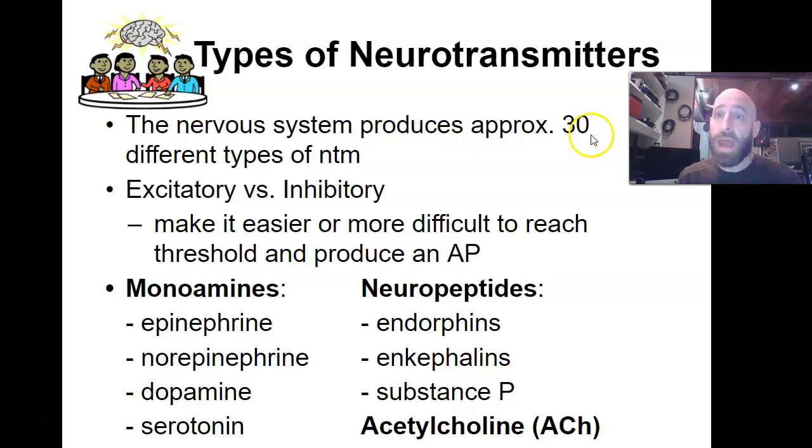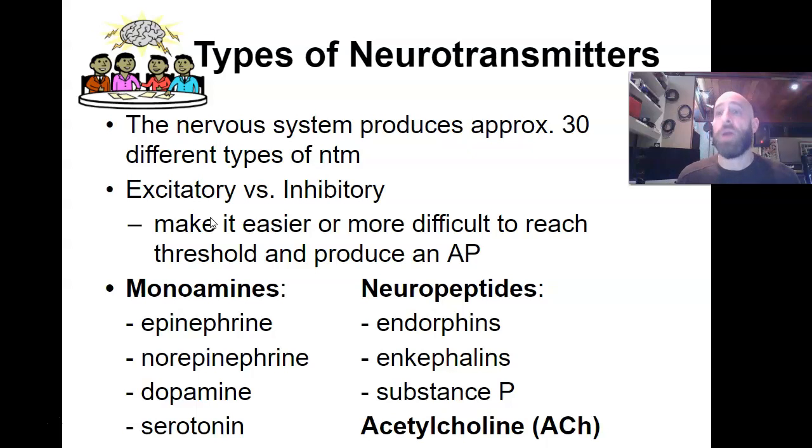But let's get into what actually is doing the communication. There are these little molecules called neurotransmitters, and we make about 30 of them. And there are two types. They're either going to be excitatory or they're going to be inhibitory. Excitatory makes it easier for an action potential to occur, and inhibitory makes it more difficult. I'm going to explain that better in another lecture in this unit.